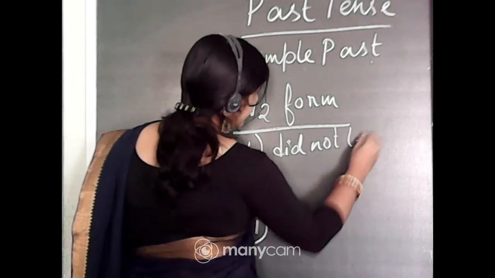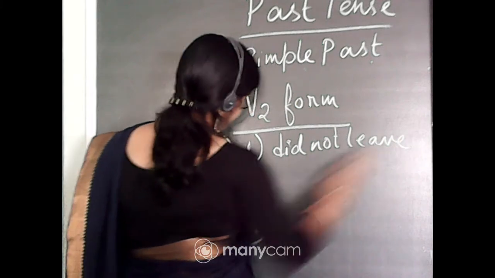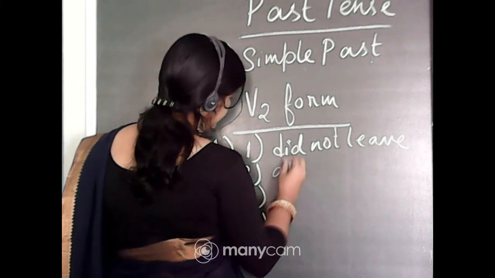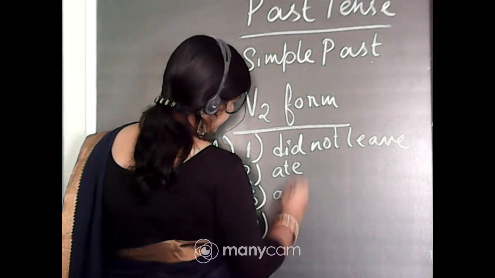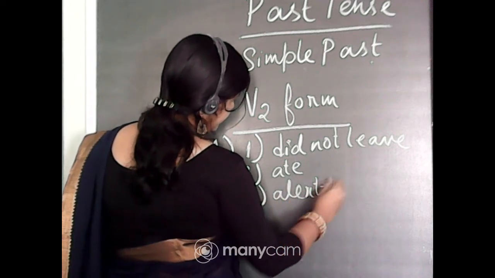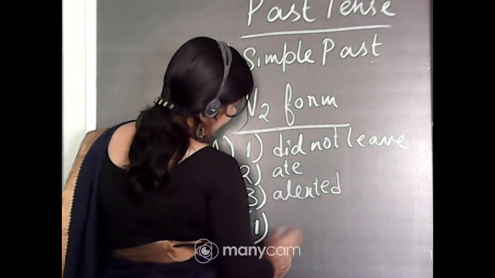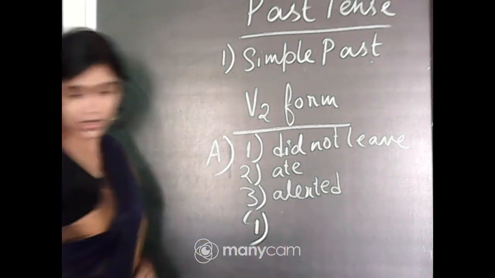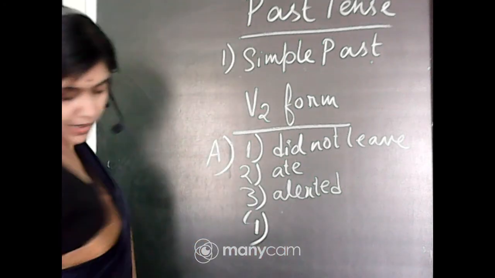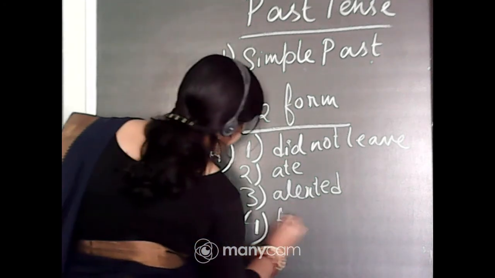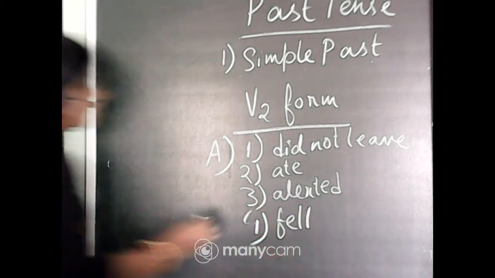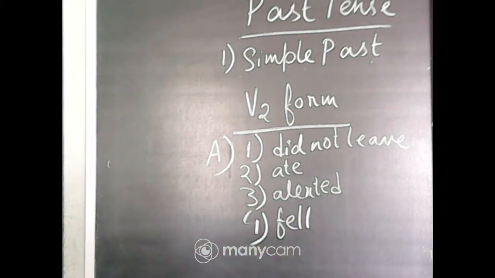Did not leave. Alerted, and the last one is fell. Simply the second form of the verb. Okay. All of you have done. Now do number B. B and number C, do it on your own.